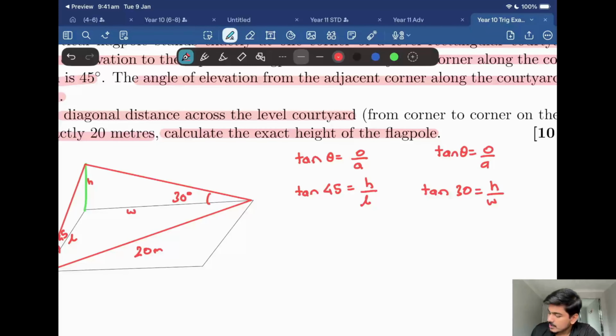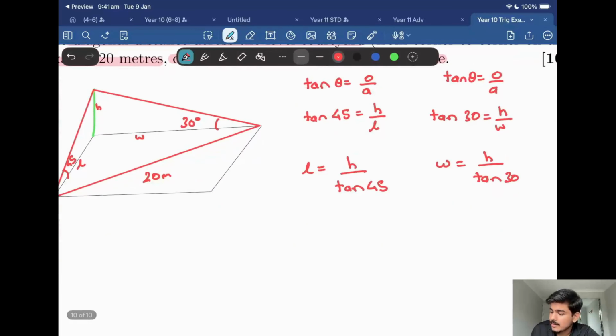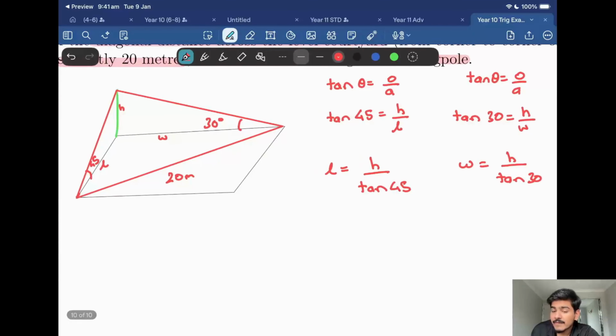First way, we can see that L is equal to h over tan 45, and w is equal to h over tan 30.